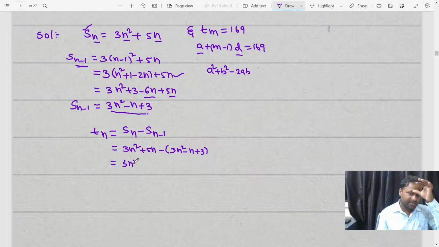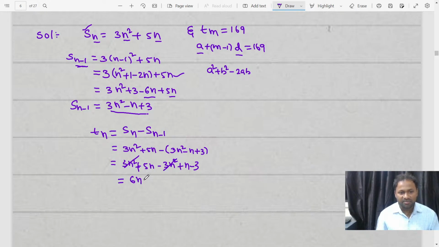3n square plus 5n, this is plus, minus 3n square, minus into minus plus n, and here minus into plus minus 3. So plus 3n square minus 3n square cancel. So 5n plus n, 6n minus 3.